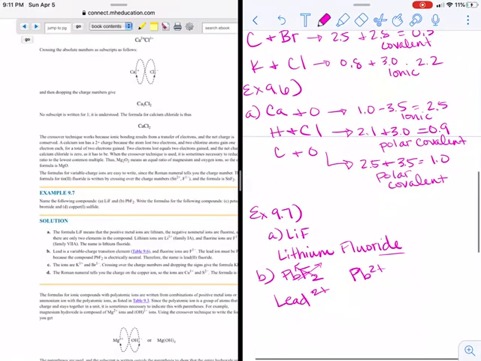So the way that you write it is you write lead with a Roman numeral 2 fluoride. You really need to distinguish what the charge is with a Roman numeral. All right, so I'm going to stop the video and I'll start another.